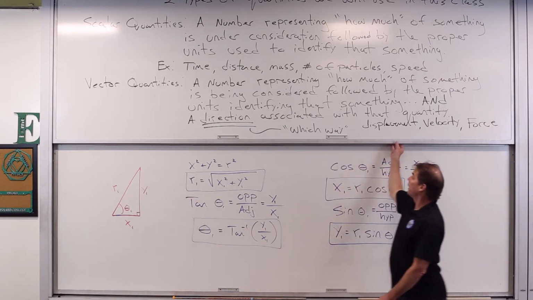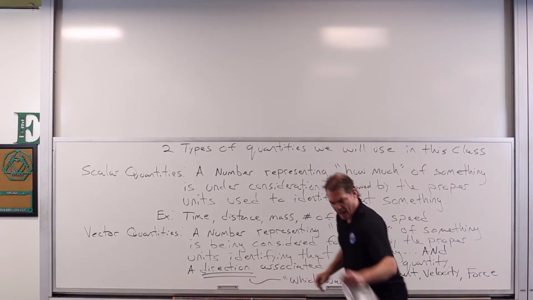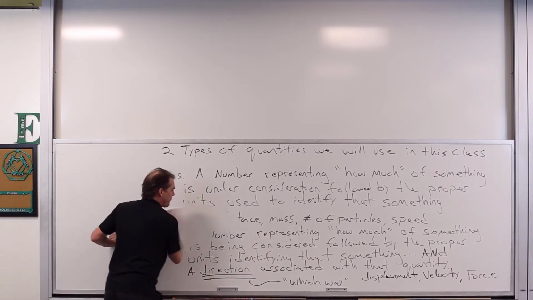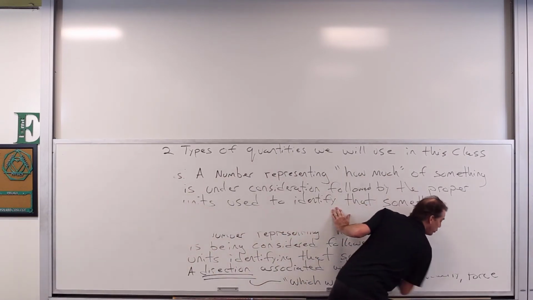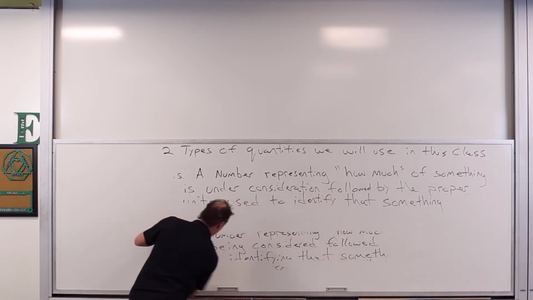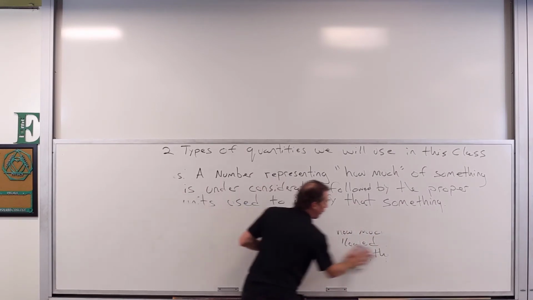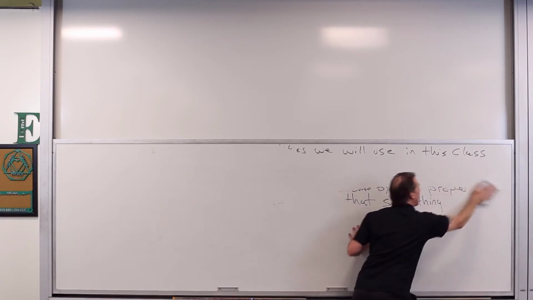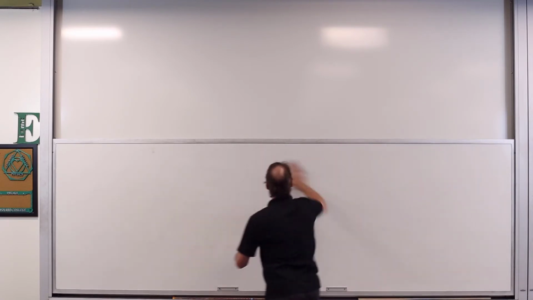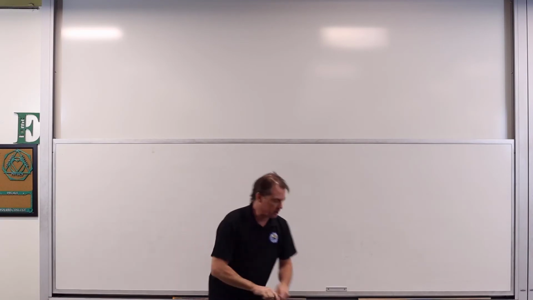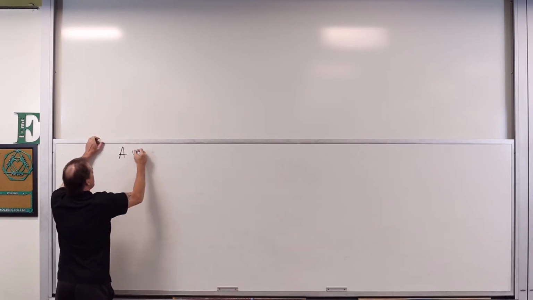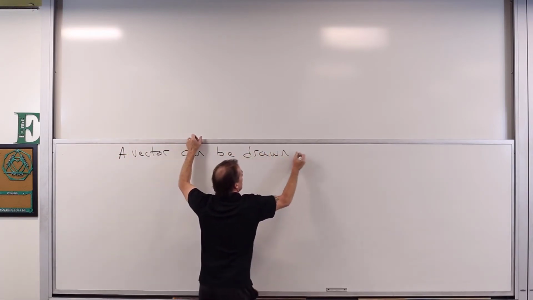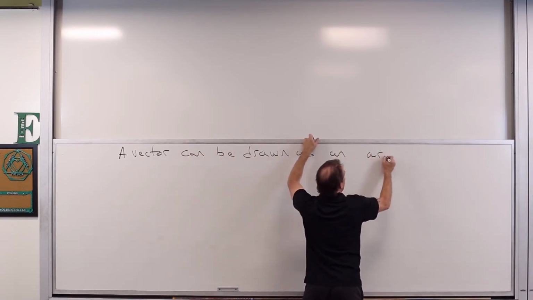So the easiest way to begin is to look at a pictorial representation of a vector. Since vectors have both a magnitude, a how much, and a direction associated with them, we can use an arrow to represent a given vector. So right now we're going to keep things arbitrary. We're not going to talk about units or particular types of vectors, just arbitrary vectors here. So, a vector can be drawn as an arrow.